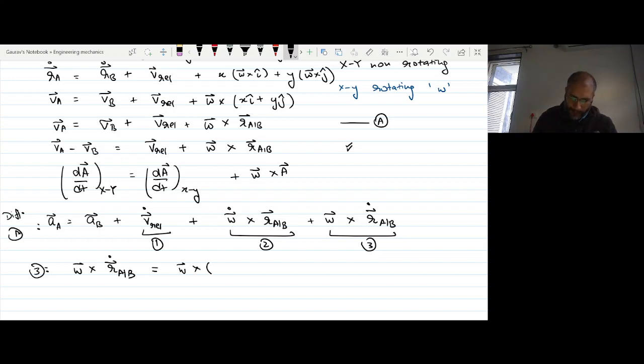Now r dot AB was simply VA minus VB, so this has a term V relative plus omega cross RAB. Okay, so this we can expand.